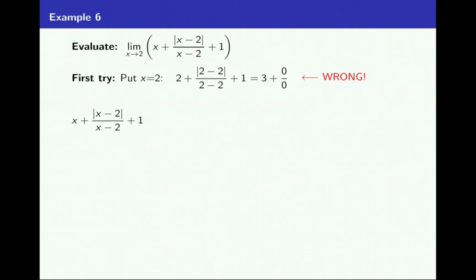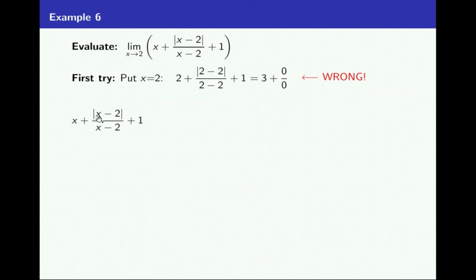And the key to this problem is to look at this function we're taking the limit of. In particular, notice that because you have an absolute value here, the absolute value of x minus 2, this function behaves differently depending on whether x is bigger than 2 or less than 2. Because if x were bigger than 2, x minus 2 is positive, and the absolute value does nothing at all.